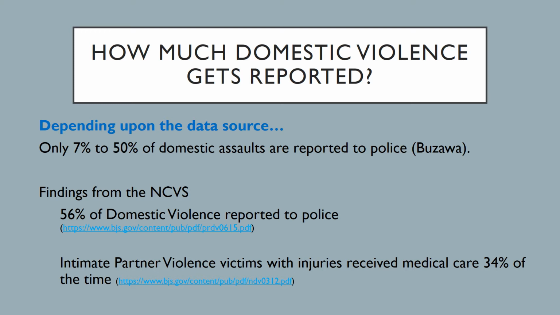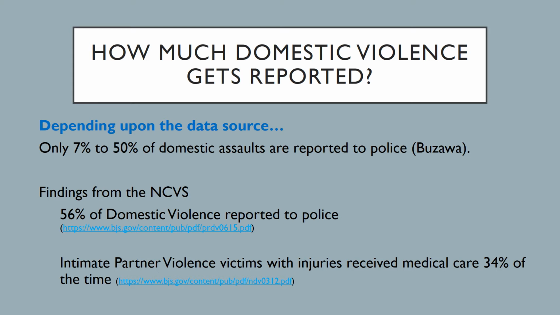So depending upon the source, we understand that we have to take everything that we hear with a grain of salt, because especially with such a sensitive topic as domestic violence, not every situation is going to end up with somebody going to the emergency room or seeking medical assistance. Not every case is going to result in a 911 call to the police.